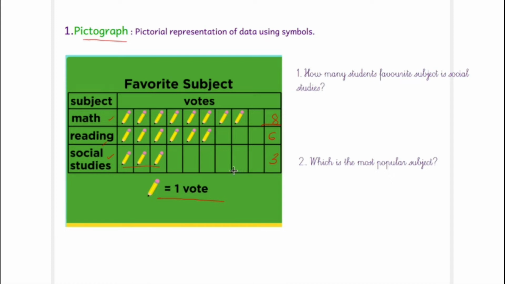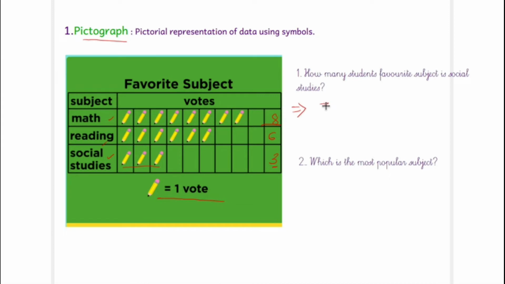From this picture it is very clear how many students like maths, how many like reading, and how many like social studies. If I put some questions like this, we can answer very easily. I have given 2 questions here. Number 1, how many students have social studies as their favorite subject? 3.